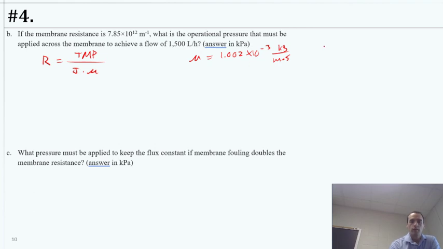The flux is going to be another thing we need to solve, and the flux is going to be the total flow over the area that we are dealing with. We can write that as 1500 liters per hour divided by 12 square meters.